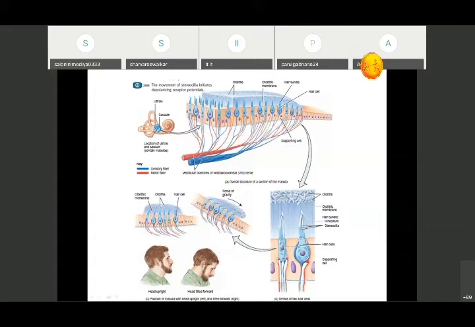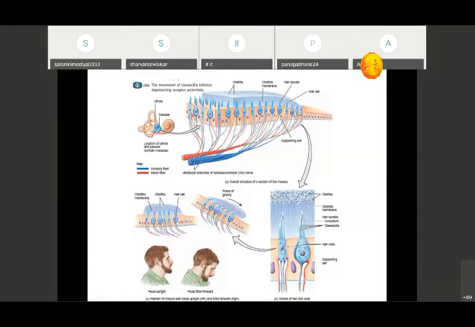As these crystals of calcium carbonate are located above the gelatinous layer, they are called otoliths. So whenever we bend our head, the main function of the utricle is to locate the position of the head with respect to gravity.